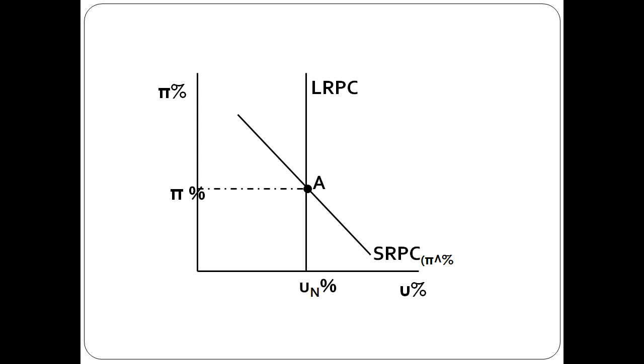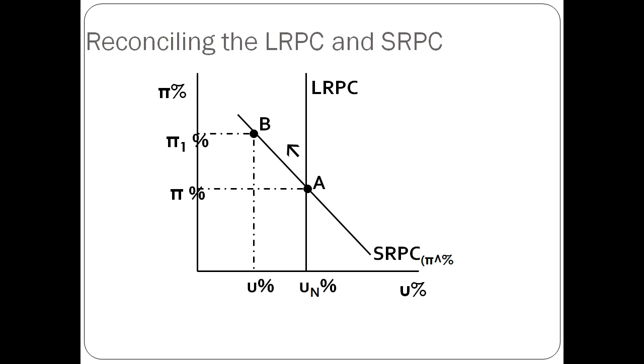So let's say that policymakers pursue that expansionary policy, and therefore the economy moves to point B. Now this is happening in the short run when wages and input costs are sticky. You can see the unemployment rate went down, and you can see that the inflation rate went up.